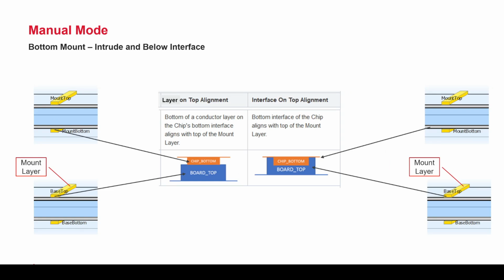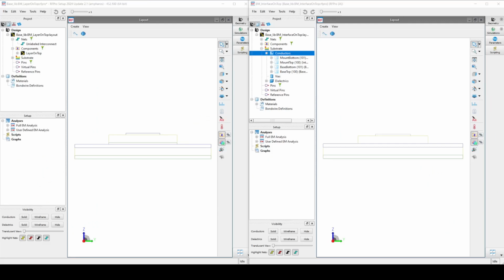Let's now go back to the previous case, which is the intrude and below interface, and let's see how that looks in RFPro. On the left side, there is the layer on top configuration.